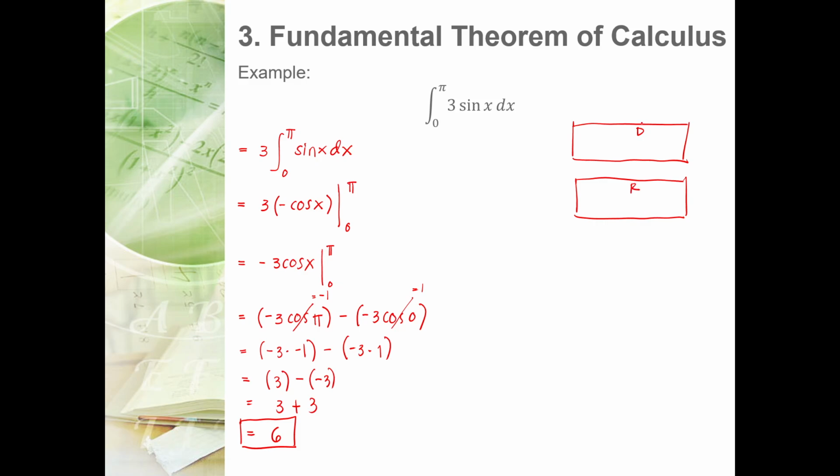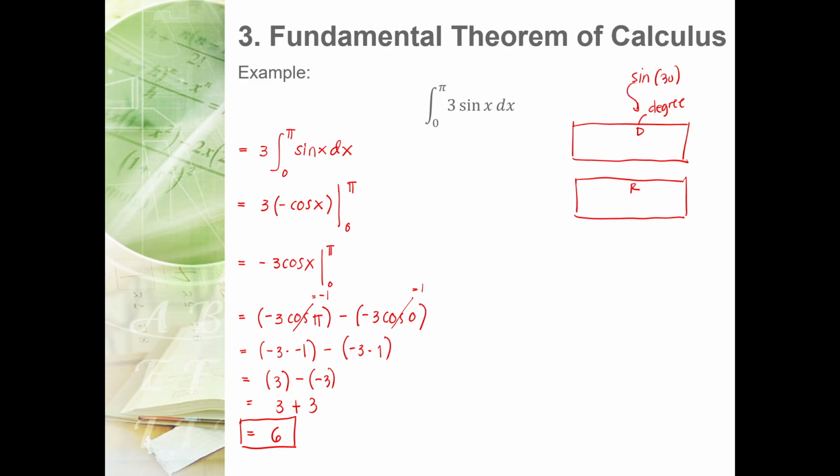Because if it's D, meaning it's in degree mode. So the angles should be in degrees. So if it's in radian mode, the angle should be in radians. So pi over 3, 4 pi over 3. So if it's in degrees, you can simply just plug in sine 30, di ba?